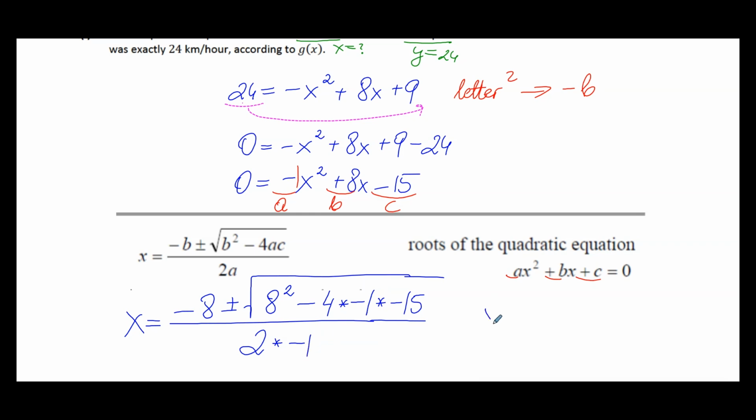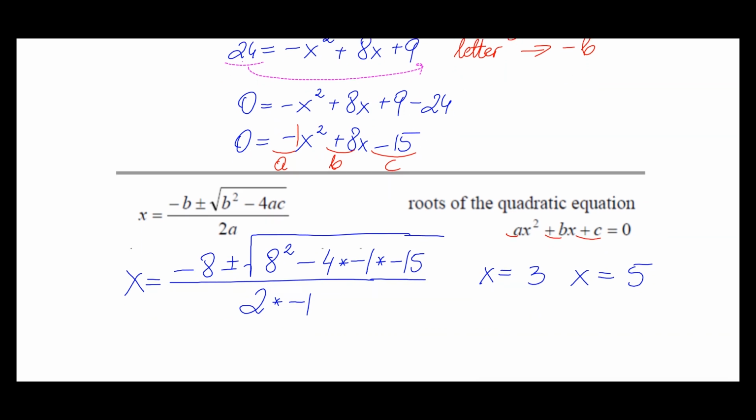We put in one version with plus, and we get 3. Then we go back again, remove that plus, change it to minus, and then we get 5. So there are the two values.